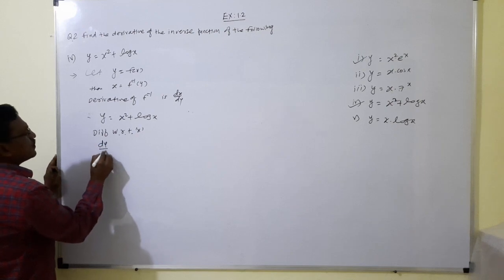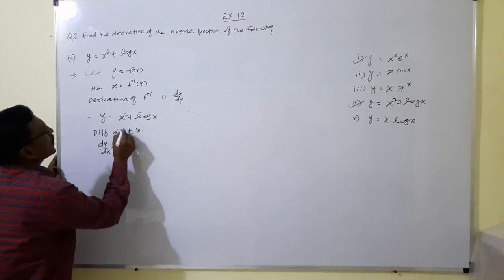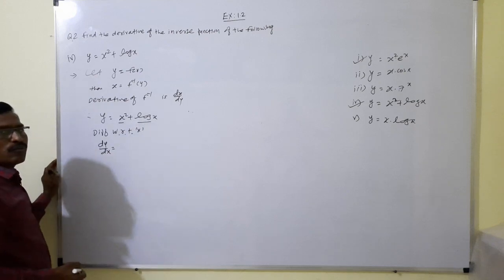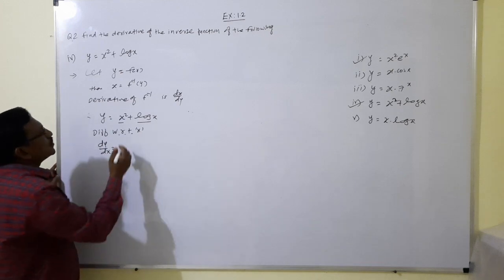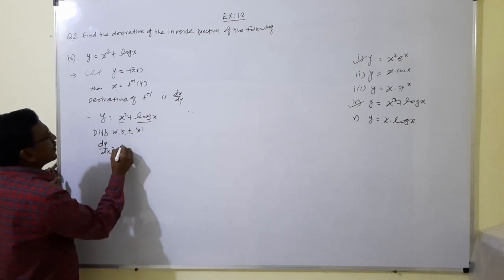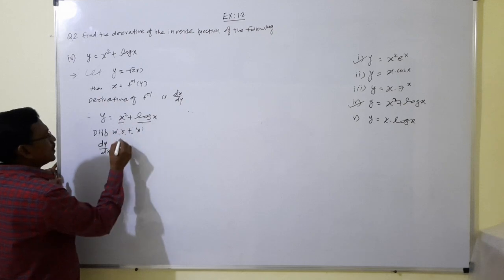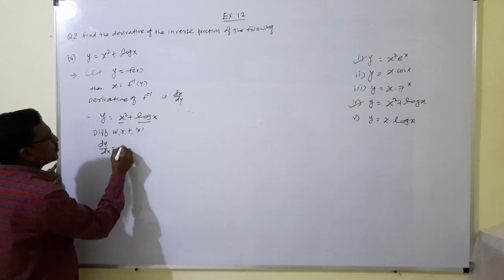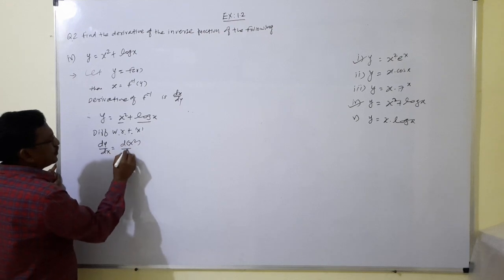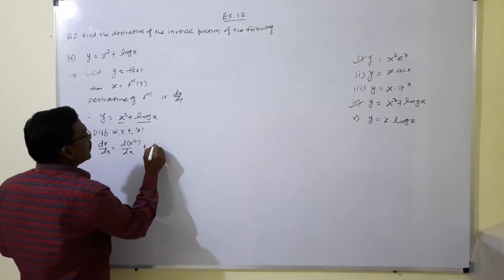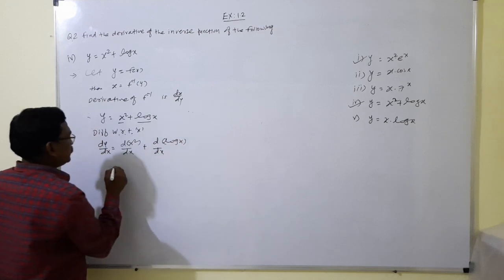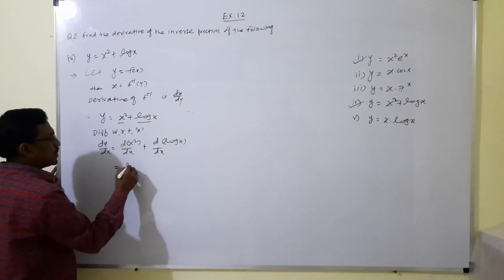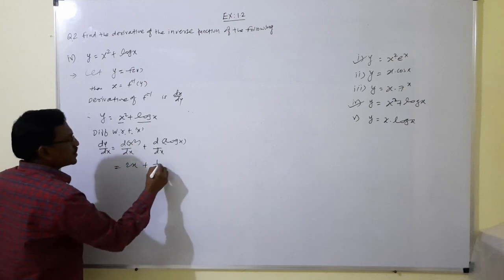Therefore the derivative of y with respect to x is dy by dx, and here we use the rule of derivative of u plus v. In x square plus log x, u is x square, its derivative is 2x, plus v, the derivative of log x, which is 1 by x.